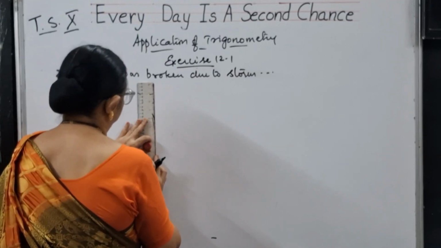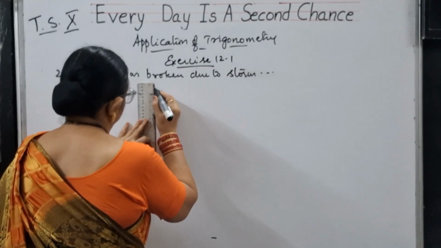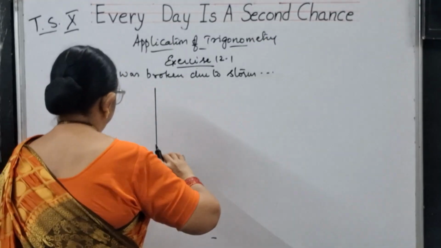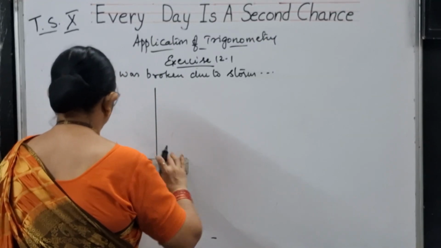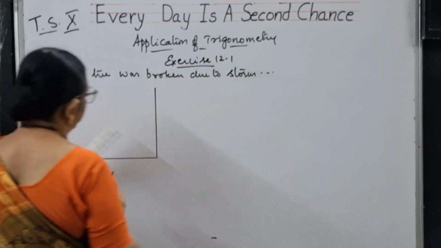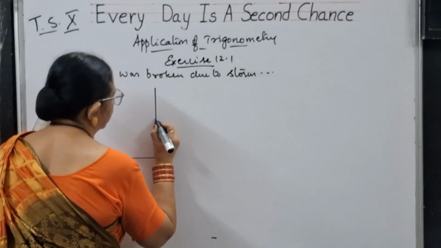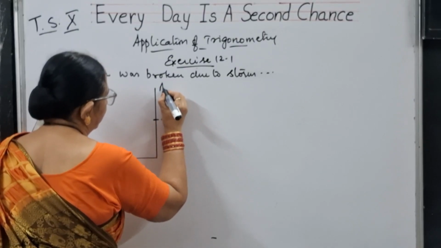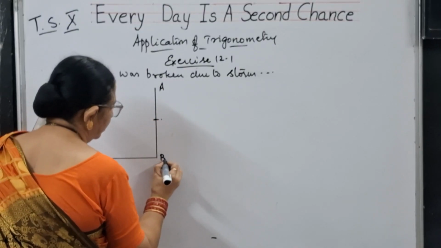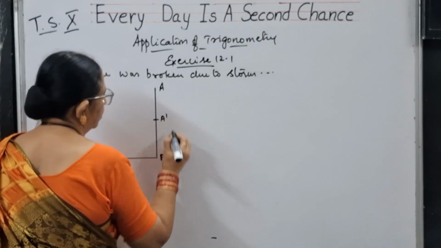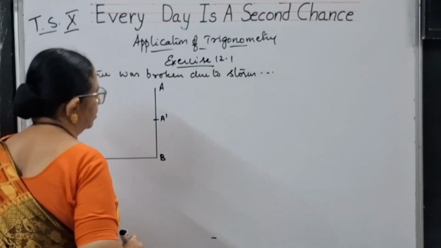So let us suppose that this is the tree, which is standing on the ground like this. This is the ground. Now what happened is a part of the tree. Let me consider this is A, children. AB is the height of the tree, but it has broken here. Let me call this point A dash.